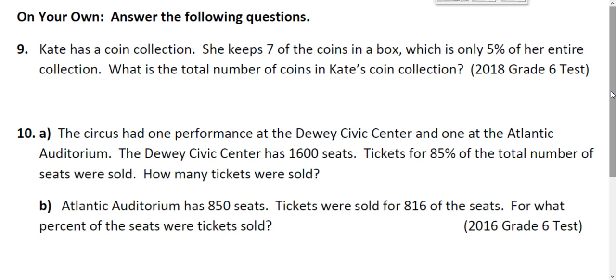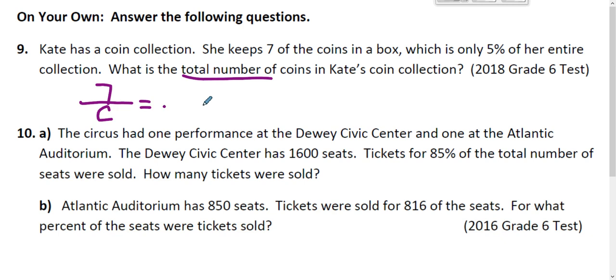Kate has a coin collection. She keeps 7 coins in a box. That's 5% of her entire collection. What's the total number of coins in Kate's coin collection? So here we are looking for the total number of coins. That's the thing we don't know. We do know that she keeps 7 in a box.